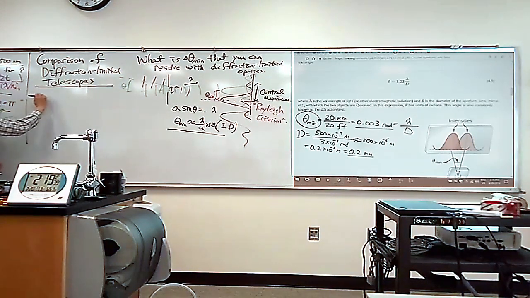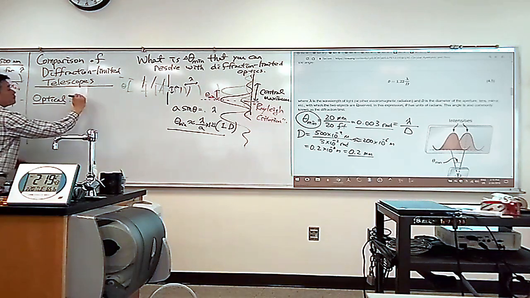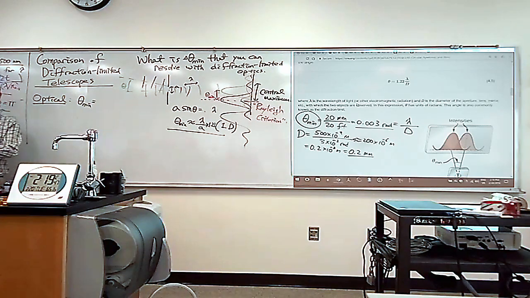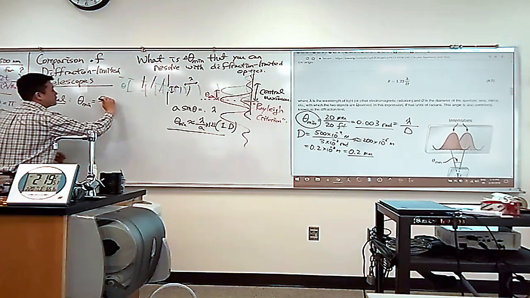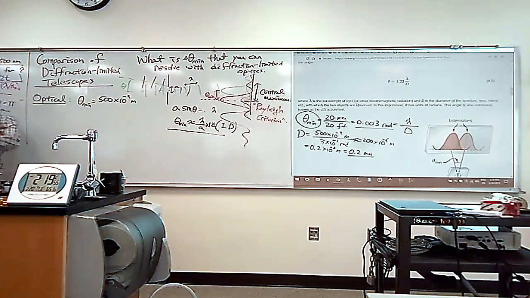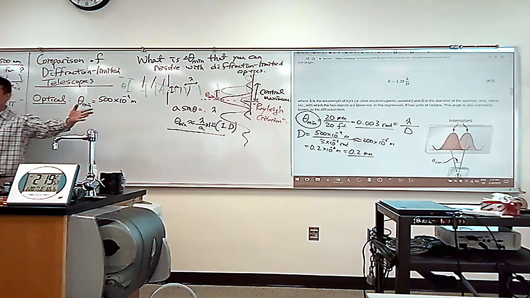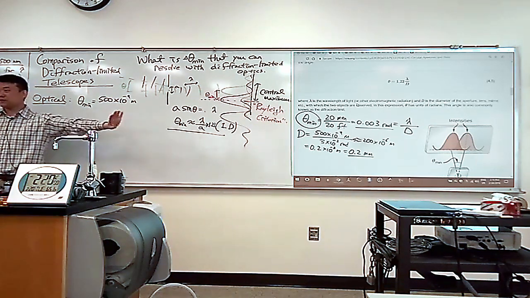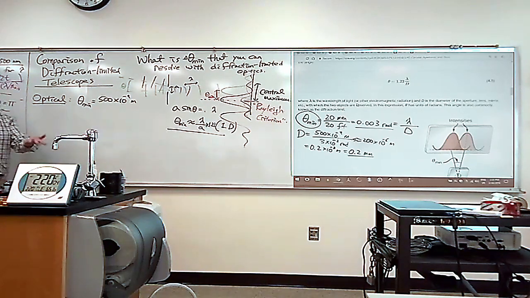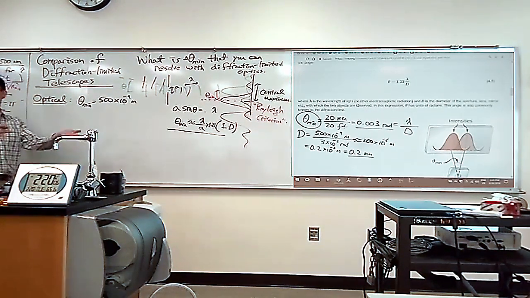For an optical telescope, what is the typical wavelength? What I used, 500 nanometers, 500 times 10 to the minus 9 meters. Do people know what the largest optical telescope ever built on Earth is? Approximately 10 meters. There might be a 15-meter one, but there's nothing bigger than 20 meters.